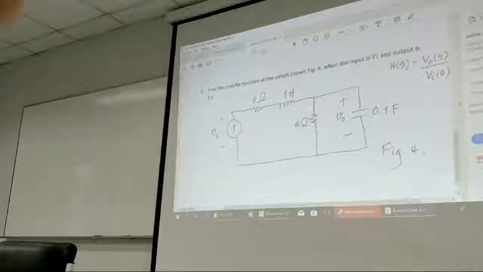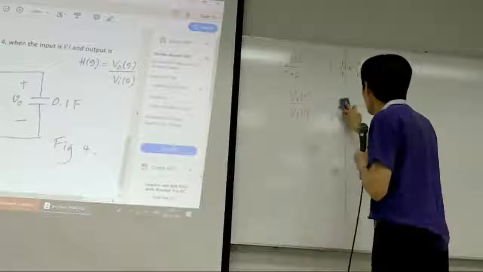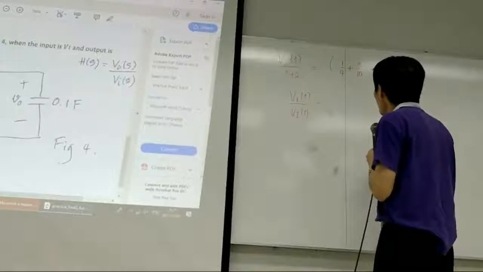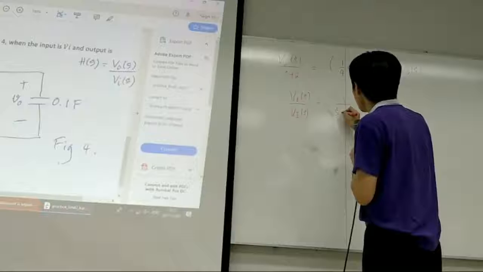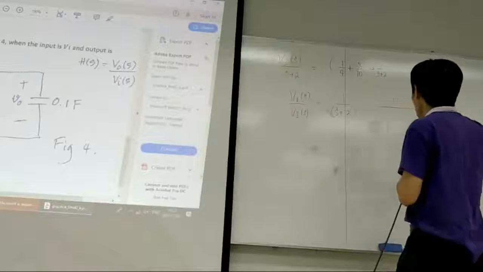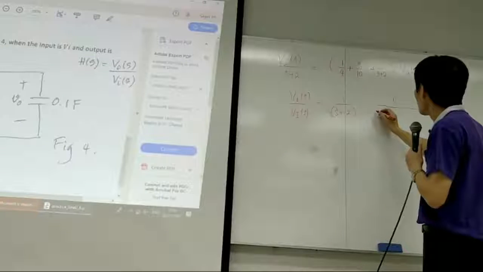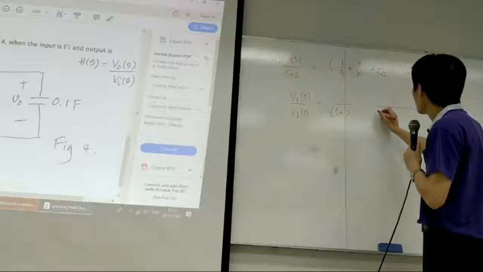Okay. So that we got 1 over S. No, we got 1 over S plus 2, and then this one also multiplied by, is that correct?